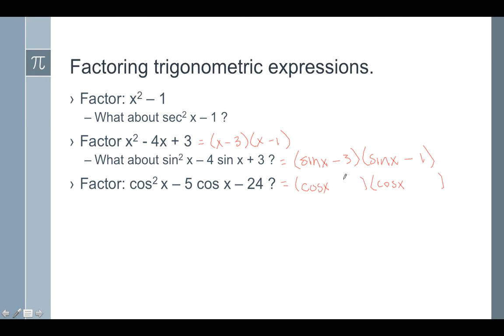And now I just need to figure out what two numbers will multiply together to get 24, that will add together to get negative 5. I know the only way that's going to work is if I have an 8 and a 3. I just got to figure out which one's negative. I want more negative in the middle, and therefore it's negative 8 and a plus 3. And there we go. We've got that factored.